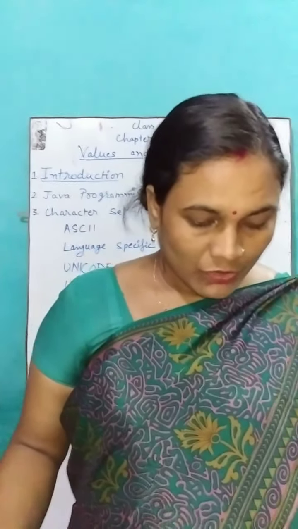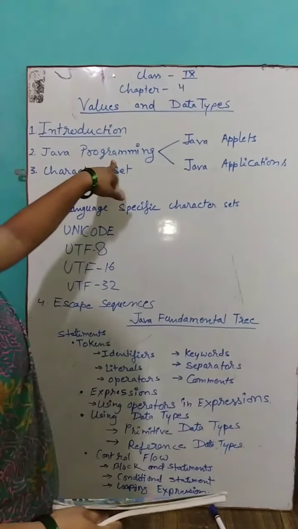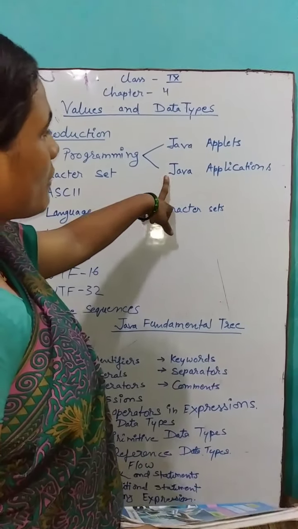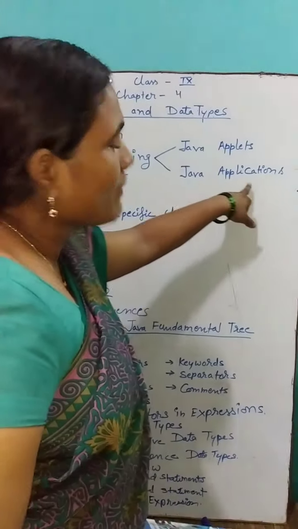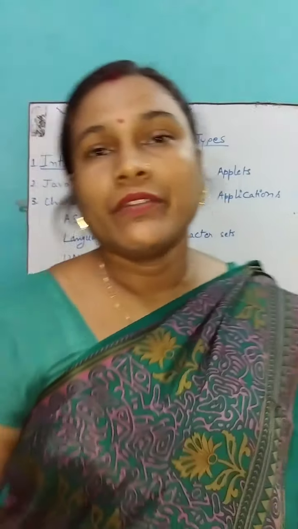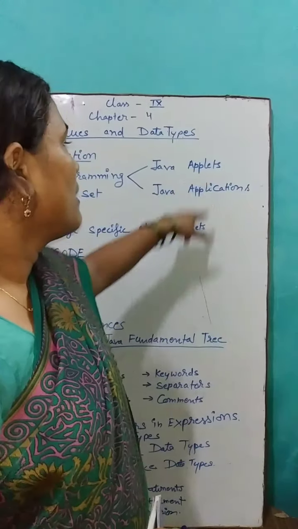Okay, children? So let's see how many types of programming there are in Java. Basically, in Java there are two types of programming: Java applets and Java applications. Applets, whatever programs run on the internet, are known as applets.